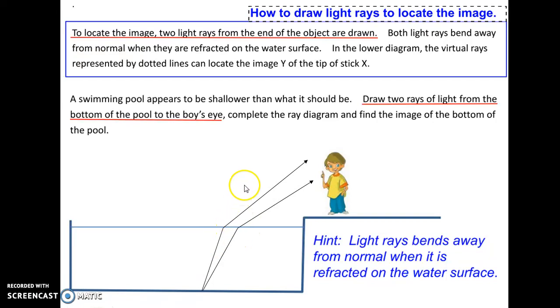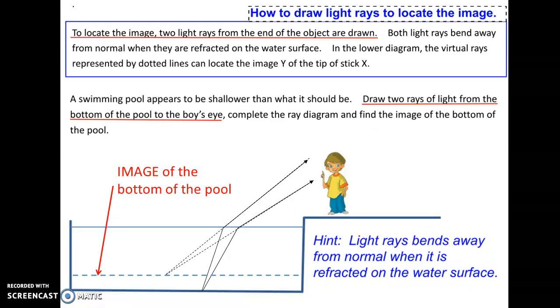Again, these two light rays bend away from the normal. They make a larger angle in air than in water. And so the image position is, we produce them backward. And so this becomes the image of the bottom of the swimming pool. And that's why the swimming pool looks to be shallower.